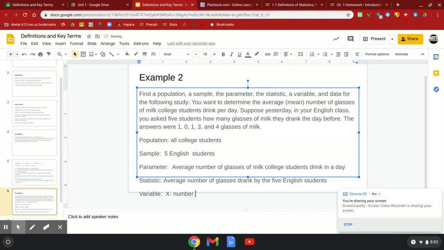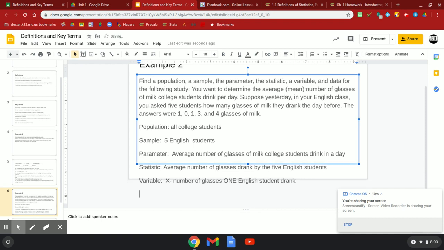So number of glasses one English student drank. Okay, so just one. All right, get that word one in there on variable, or maybe each. I like one a lot.